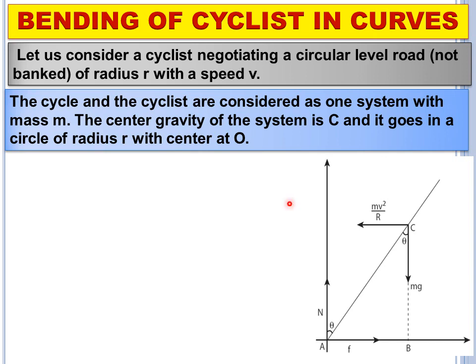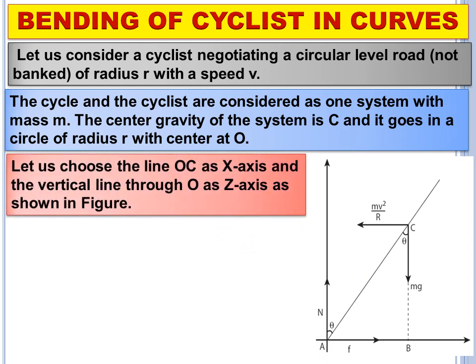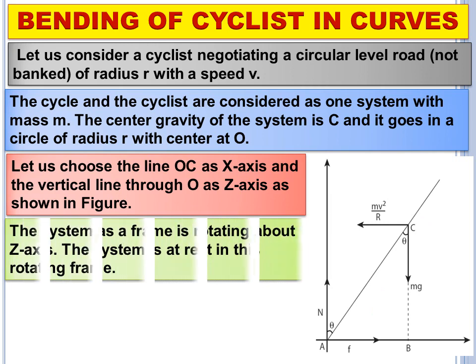Here the center of gravity C goes in a circle of radius R with center at O. Let us choose the line OC as the x-axis and a vertical line through O as the z-axis, as shown in this figure.